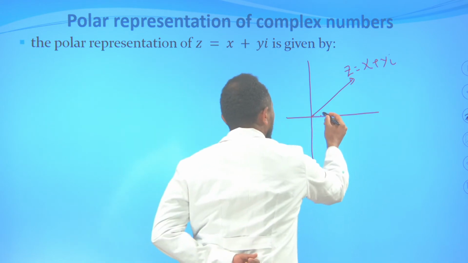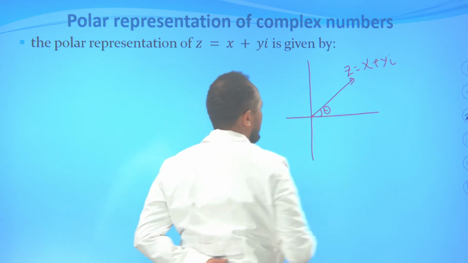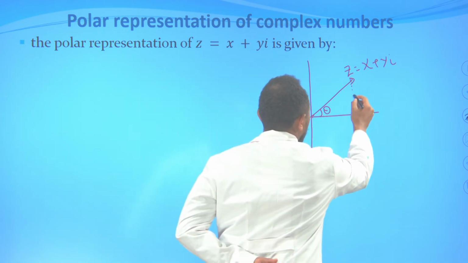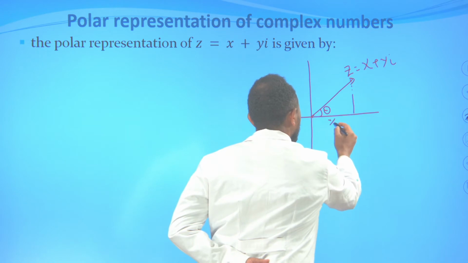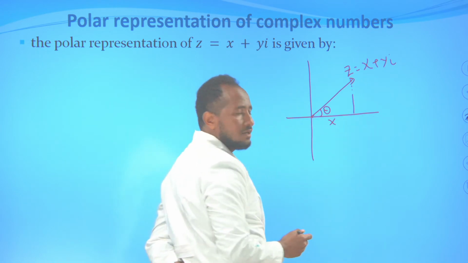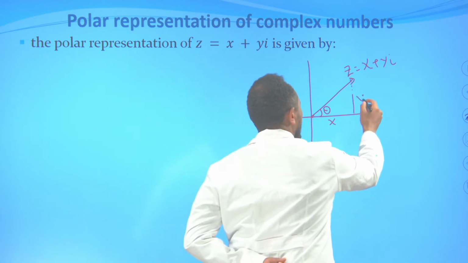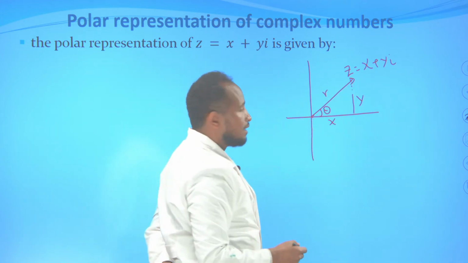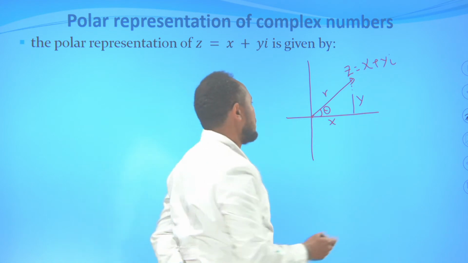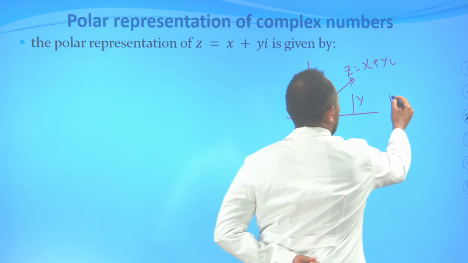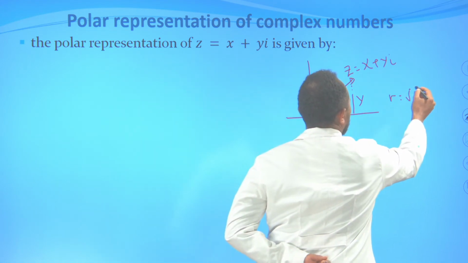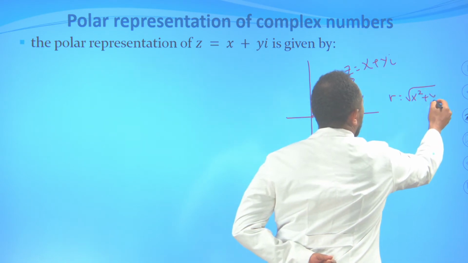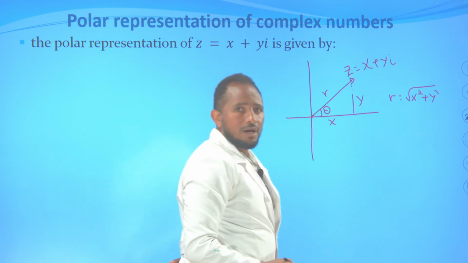Therefore, here we have an angle theta, and this distance is x, and this distance is y, and assume this is r. We can find r here using the Pythagoras theorem. r squared is equal to x squared plus y squared, so r is the square root of x squared plus y squared.